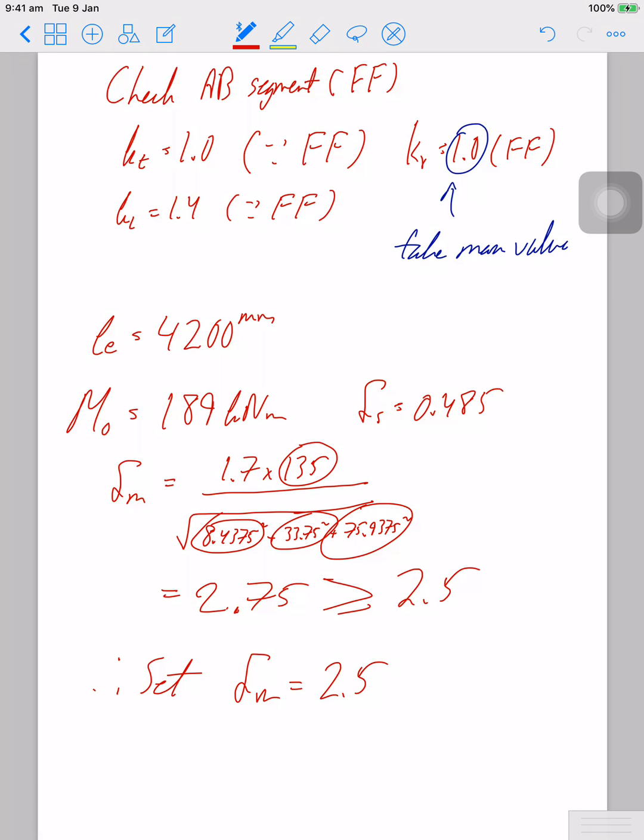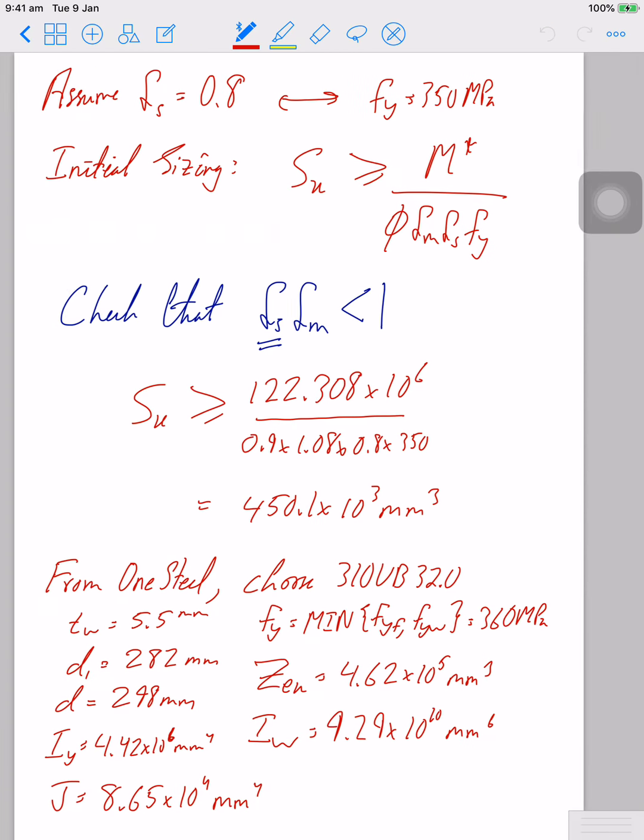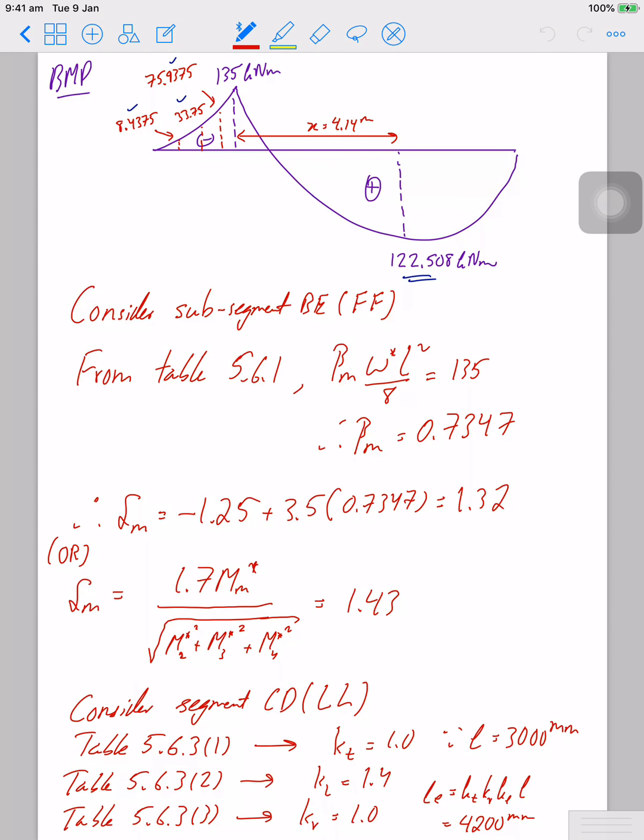Now that we got that, if you find your phi M_b, it's going to be phi alpha_m alpha_s M_s. It comes up to be 299 kilonewton meters, which is of course evidently bigger than your design moment, 135 kilonewton meters. Remember, your 135 is for this guy.